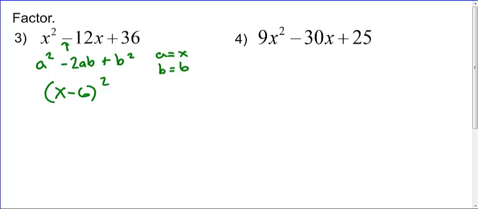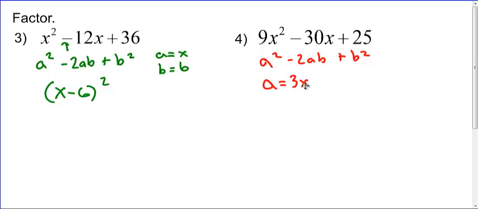All right, we run into something new on number 4, and that is that our lead coefficient is something other than 1. But again, we have nice perfect squares. And we could do this format right here, a squared minus 2ab plus b squared. In this case, you have to think a little bit, but a squared is 9x squared, so a would be 3x.